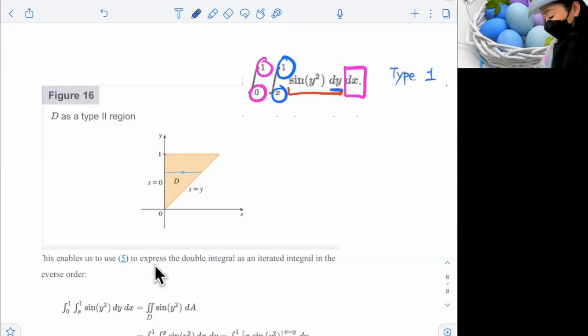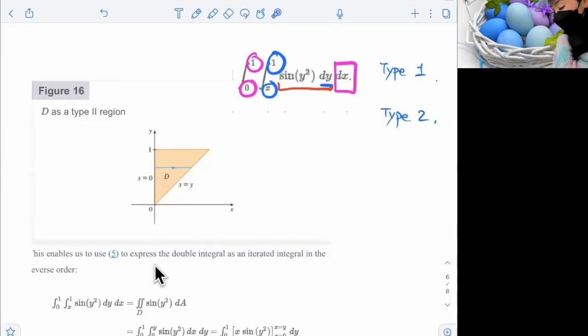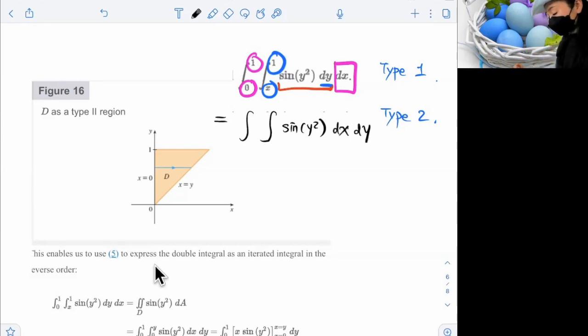Because this region can be type 1 and type 2, I'm going to convert that into a type 2. It's still the integral of the sine function, sine of y squared, but this time I'm going to do dx first and then dy later.